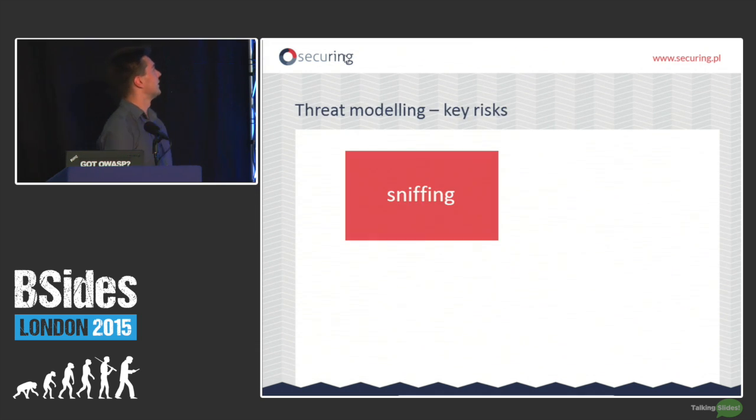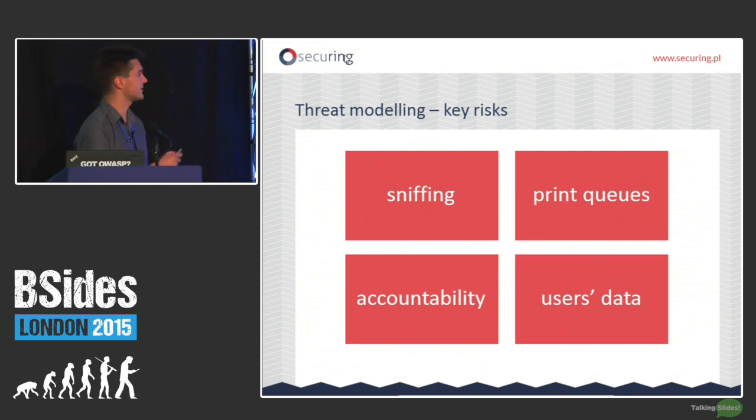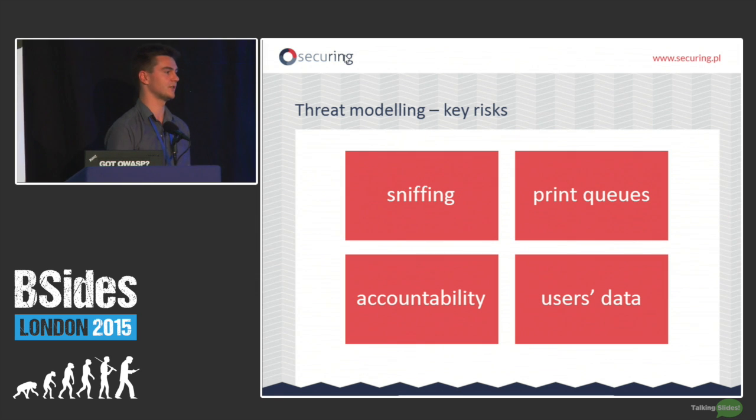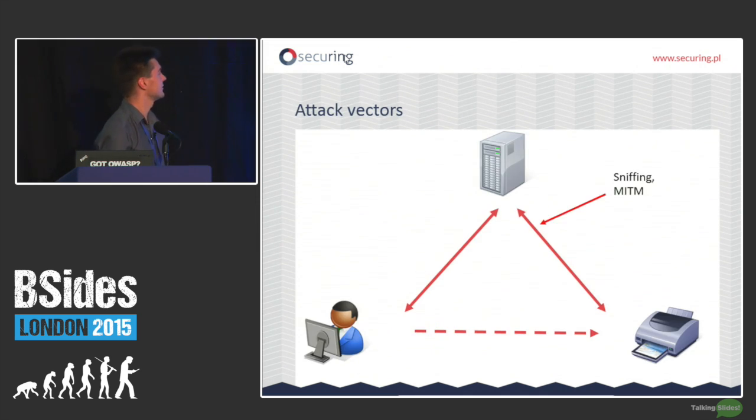So the biggest risks for a pull printing solution are sniffing the traffic from the server to the printer, also from the user computer to the server, getting to the other print queues, tampering with the accountability, because in some companies you have the right to print, let's say, 100 pages a day and not more, and also stealing users' data and users' credentials. So let's see.